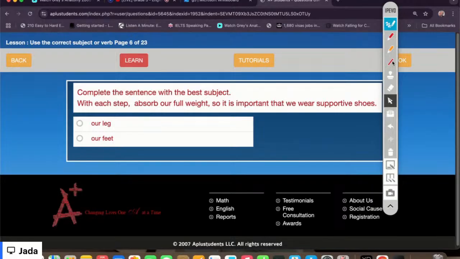With each step, dash absorb our full weight, so it is important that we wear supportive shoes.